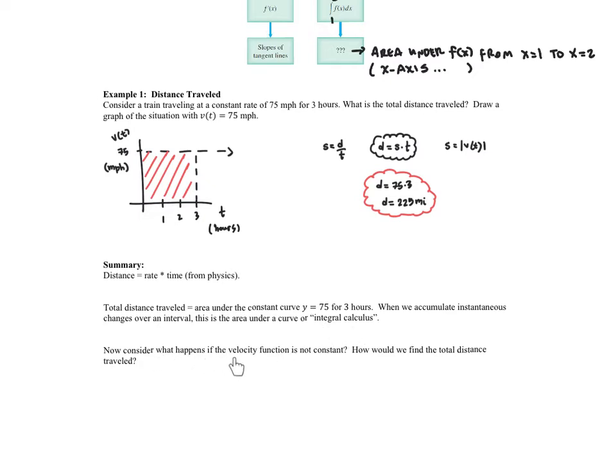In the slides following, we're going to consider what to do if our velocity function is not constant, using approximation methods like the LRAM method I spoke about earlier. All right, let's get into the details.